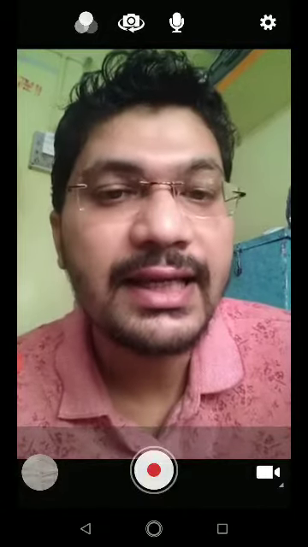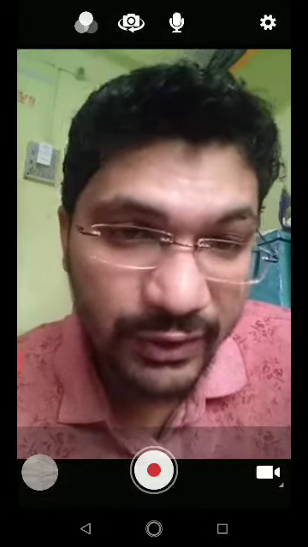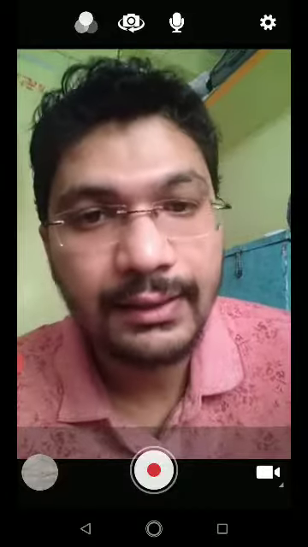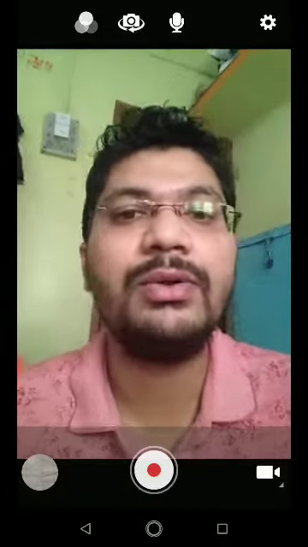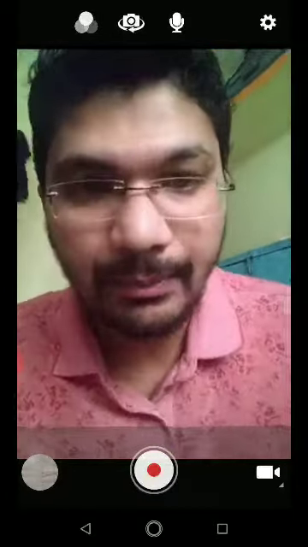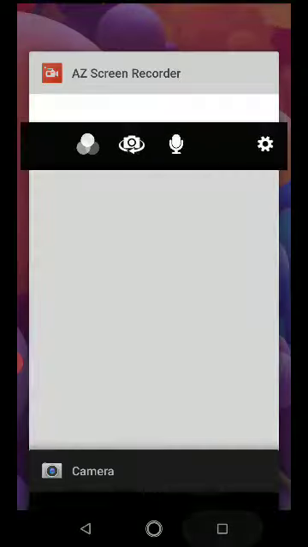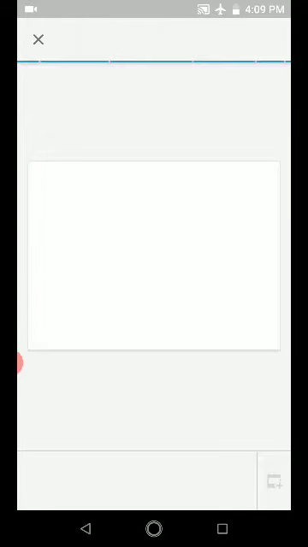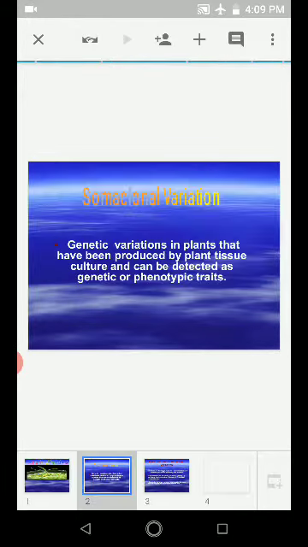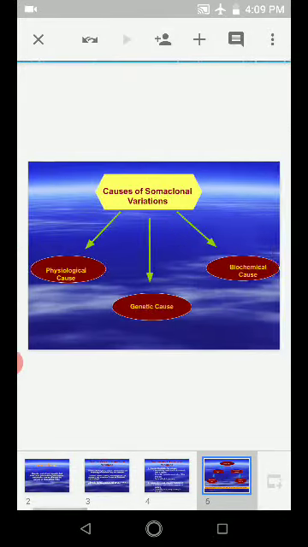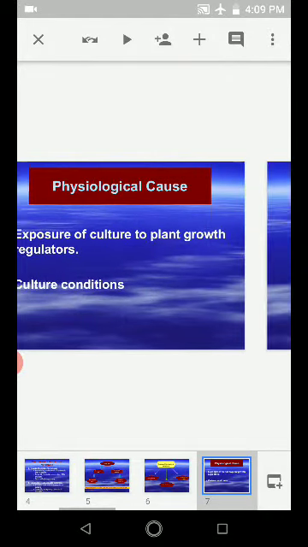Then there are changes in the sequence of DNA due to mutation, which will obviously lead to changes in the restriction fragments. So overall these causes are leading to variation in the genetic makeup of the plant, and this variation in genetic makeup will lead to the production of somaclonal variation.